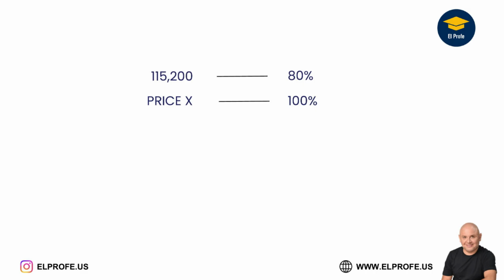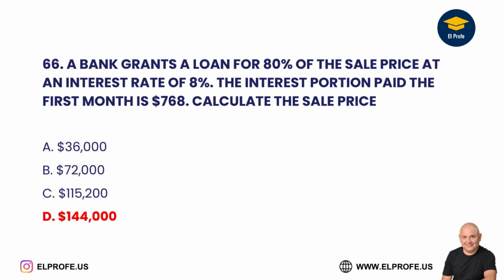So, we make the following relationship. $115,200 is 80%. Therefore, x is equal to $115,200 times 100 divided by 80. And there you get the answer, $144,000. It takes 2 simple calculations using the rule of 3 to solve this question.